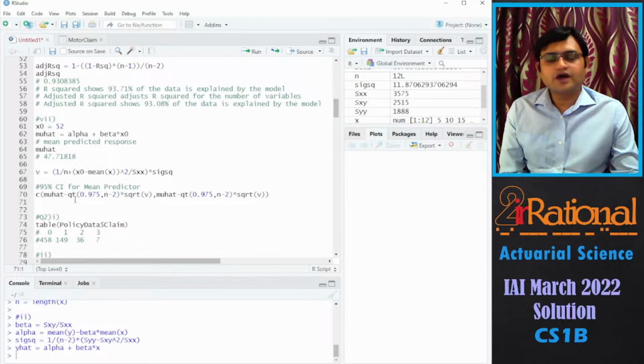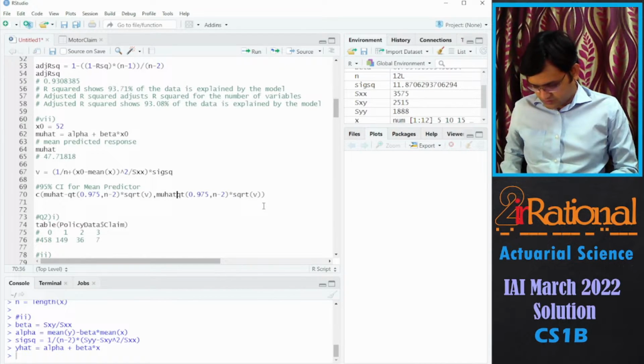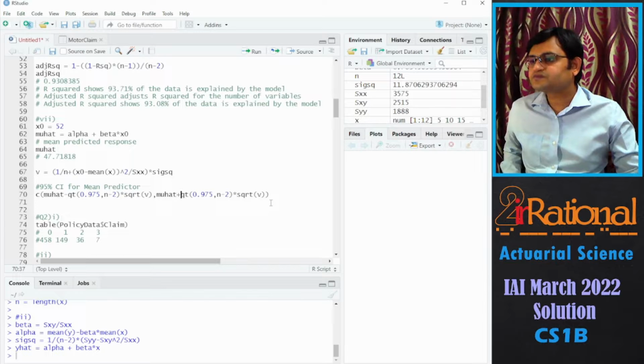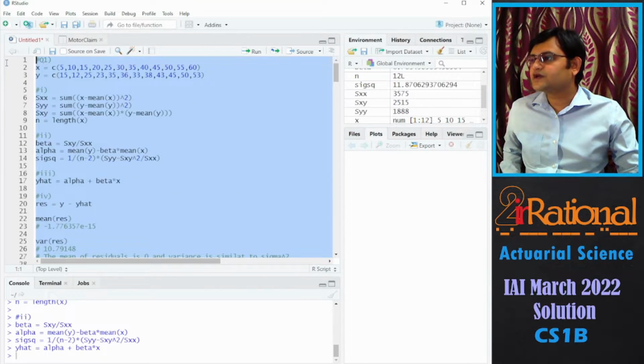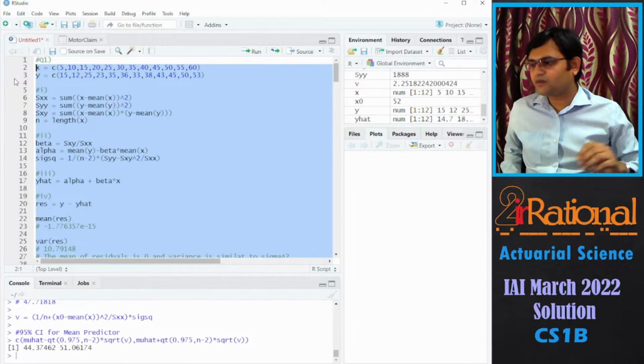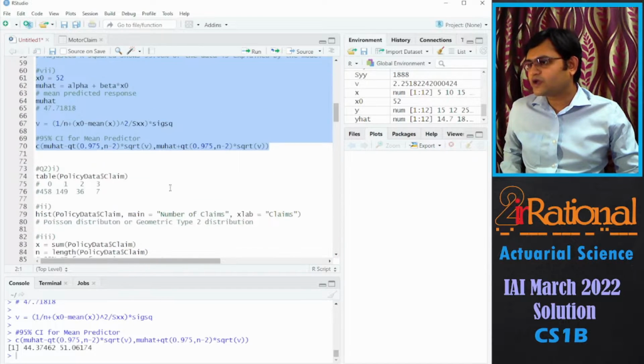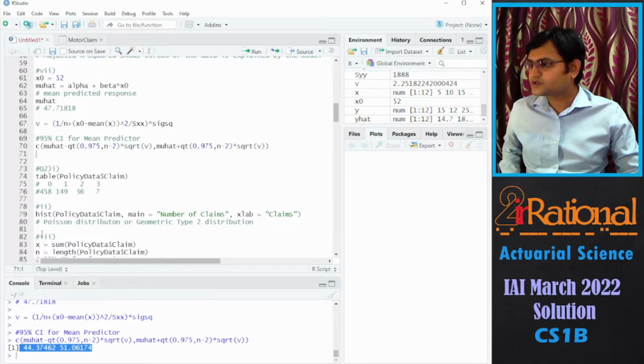It is our quantile for the T distribution with 0.975 and degree of freedom being n minus 2. So mu hat minus t value times square root of v, and the same thing mu hat, it should be plus here. So here it should be plus. Let's run this from the top, and this becomes my confidence interval. I should write it as my answer.